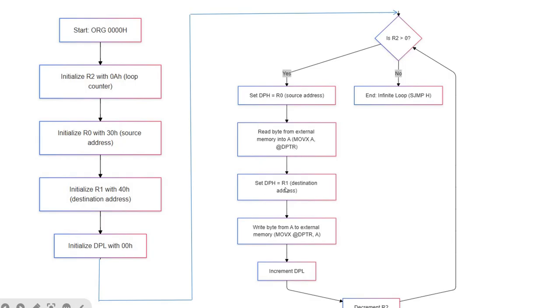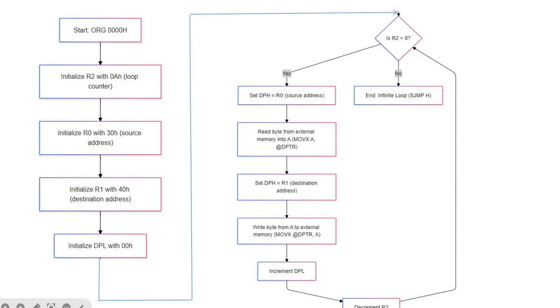Then you have to set DPH equal to R1. So here the destination address becomes 4000H. Then you have to write the byte from A, which you have got from 3000H, into the destination address, that is 4000H. Then you have to increment DPL.